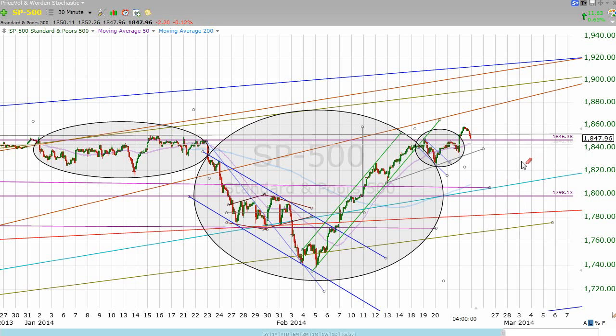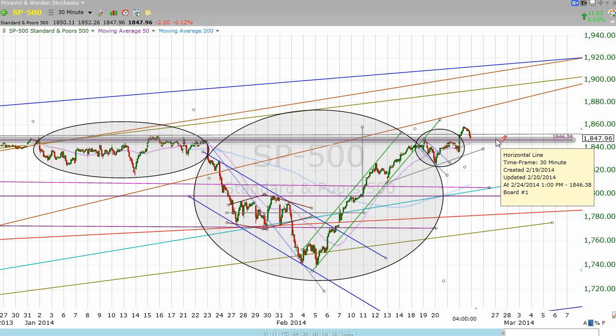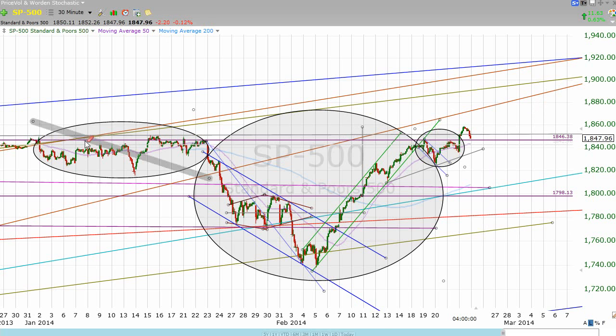So that means we're looking at a move of approximately 6% as measured from this neckline. So if we take the neckline at 1847 and add on 6%, what does that give us? Hold on, I'll do the math and I'll be right back with you. Well, it gives you a target of 1957, which by the way was a very good year. And that was the year I was born.